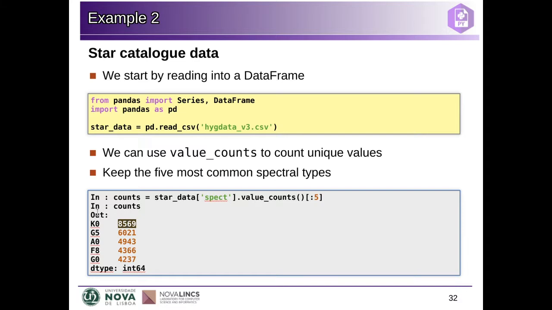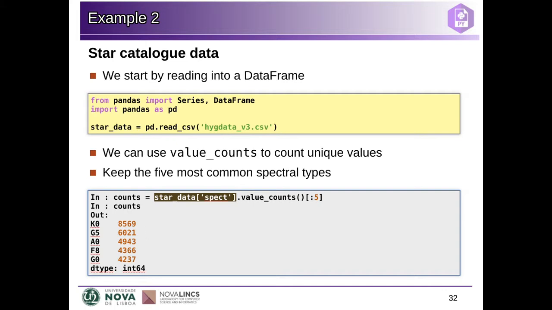So this tells us that the K0 spectral type occurs 8,500 times in our table, the G5 6,000 times, A0 4,900 times, and so forth. So we have these counts of how many times each value occurs in this column.